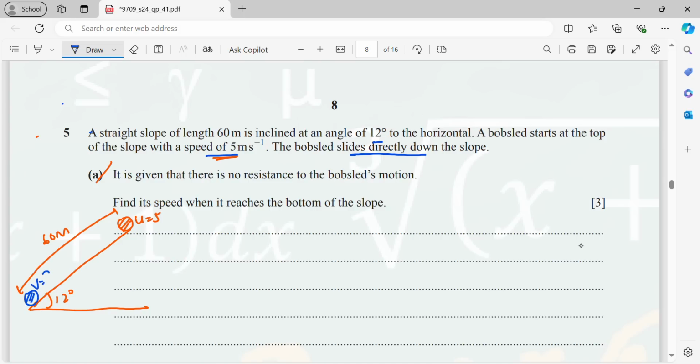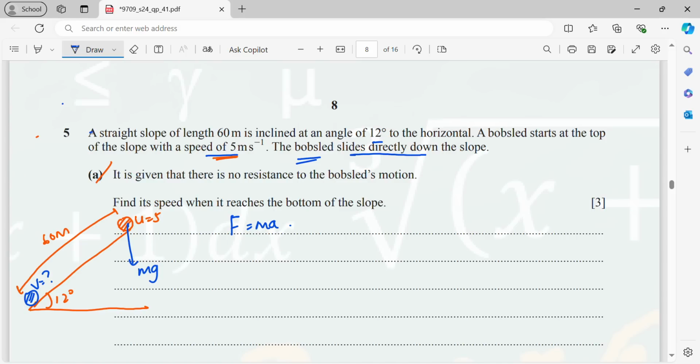What is V? So now from here I can just use F equals ma. You are not given the mass of the bobsled, so I can just let it be mg.